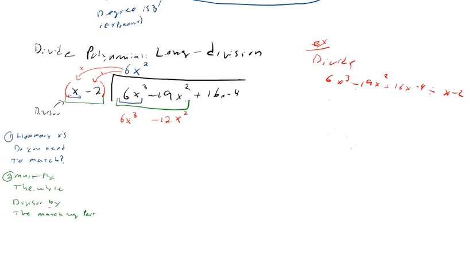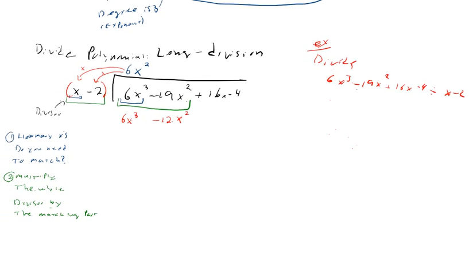So you ask, what do I need to multiply x by to make it into 6x cubed? And I need to multiply by 6x squared. Then I take that 6x squared, multiply both things. 6x squared times x is 6x cubed. 6x squared times negative 2 is negative 12x squared.